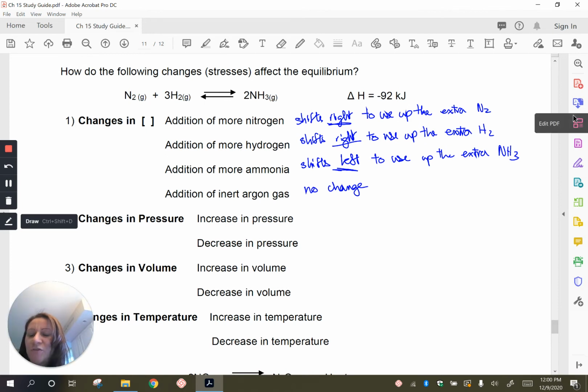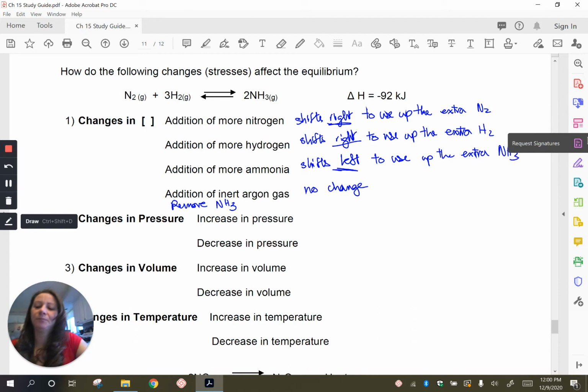Let's add one more just for fun. What if you remove some ammonia as it forms? So I'm at equilibrium, my ratio is what it's supposed to be, and now I take away some ammonia. Well, now I don't have as much ammonia as I need, right?